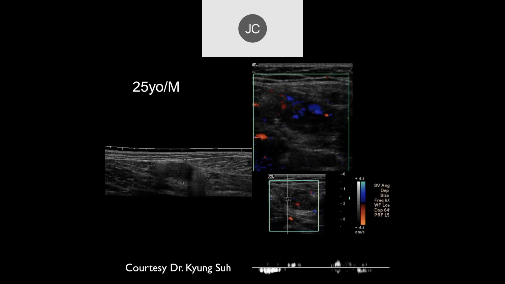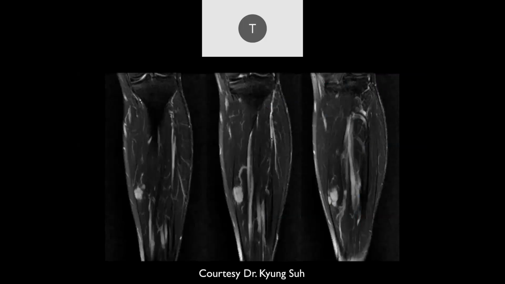So we're looking at this subcutaneous mass. It has some internal flow. Yeah, on the MR, fluid sensitive sequences, this lobulated mass looks like it connects to a vessel there.